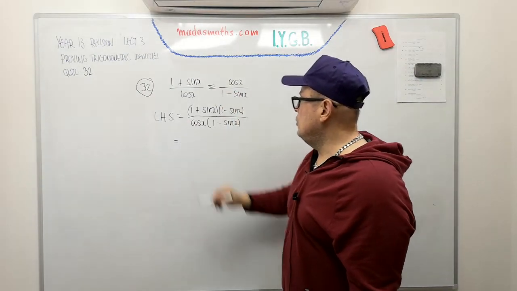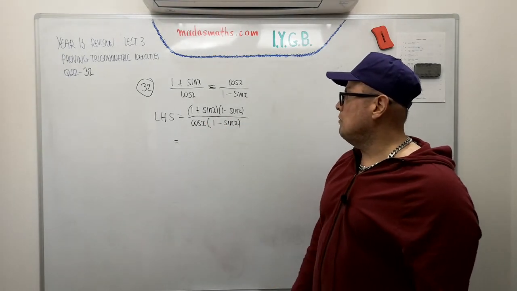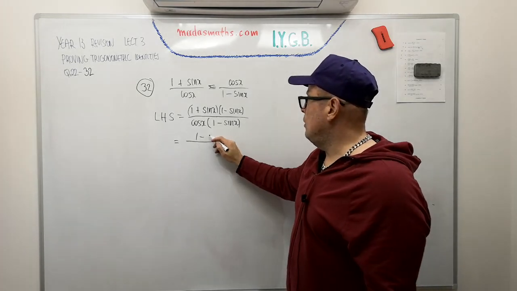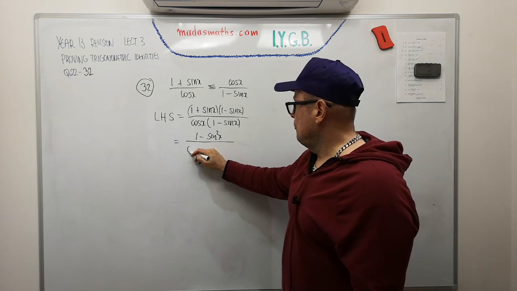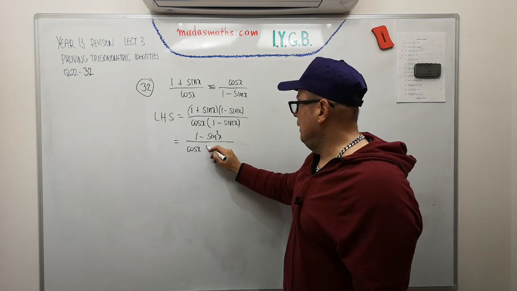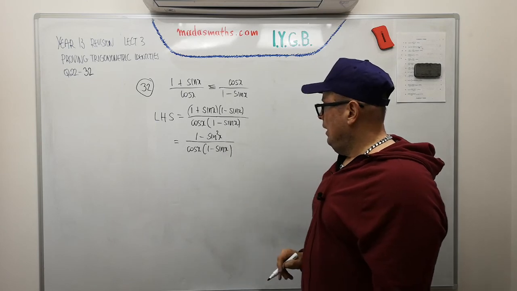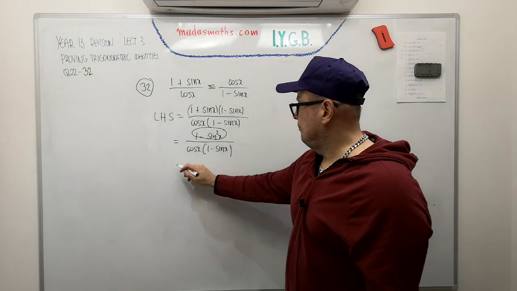So what will happen when you do that? This is of course a difference of squares, or you can take your time and multiply it out. Whatever you do, you're going to get 1 minus sine squared of x. At the bottom, I'm not going to multiply anything. I'm going to leave it as it is. This, of course, is the cos squared of x.